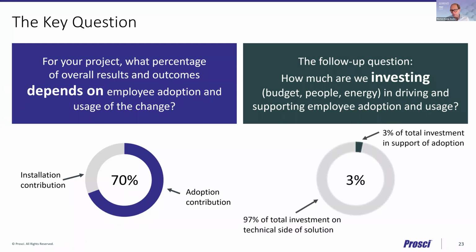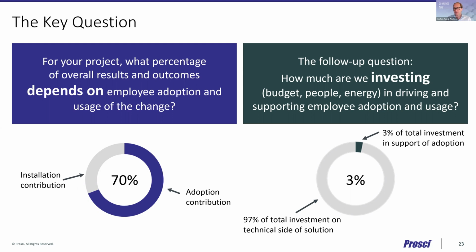And obviously that number may be much lower, and sometimes a much lower number is enough to support the adoption and usage of the people, but many times it's not. So if it's 3% and 70% of our benefits relies on people changing behavior, is that enough? Are we spending enough of our time on the steering committee talking about, asking for, being interested in it?